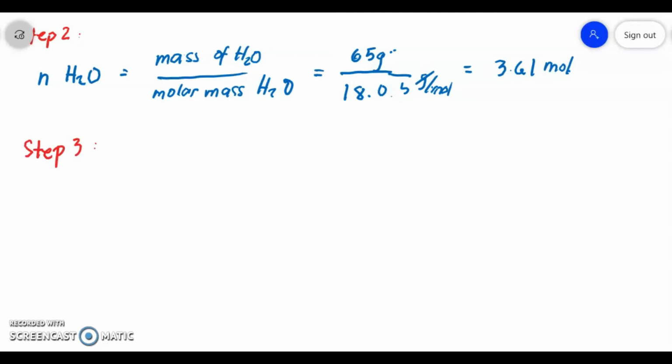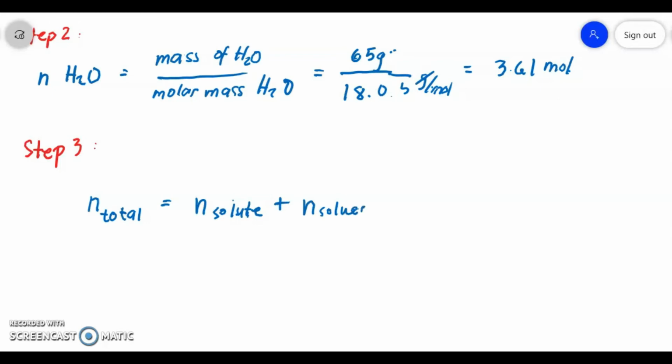The total number of moles, represented by N subtotal, is equal to N of solute plus N of solvent, which we solved previously in steps 1 and 2.